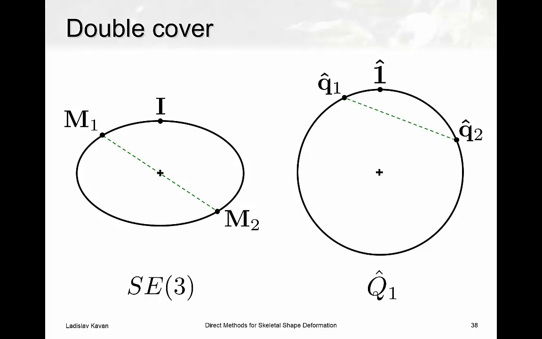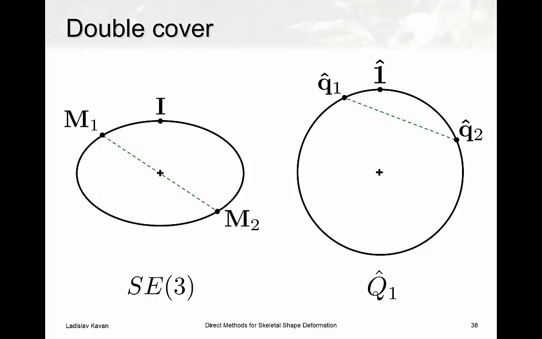So if you do linear blending there, you are far away from the singularity. You are much closer to the manifold. You're not exactly doing the intrinsic blending, but you are much closer to it. And that's the consequence of the double cover property.